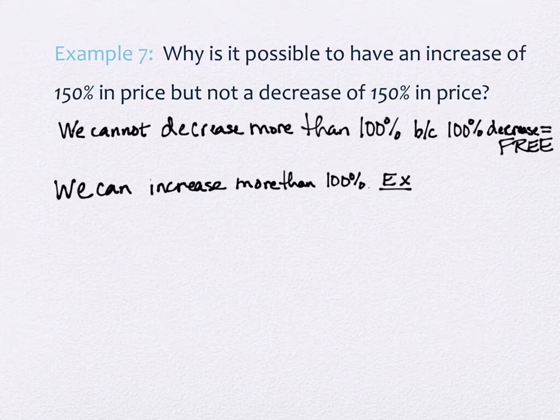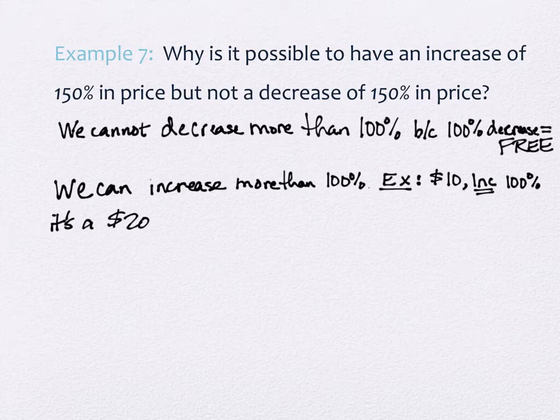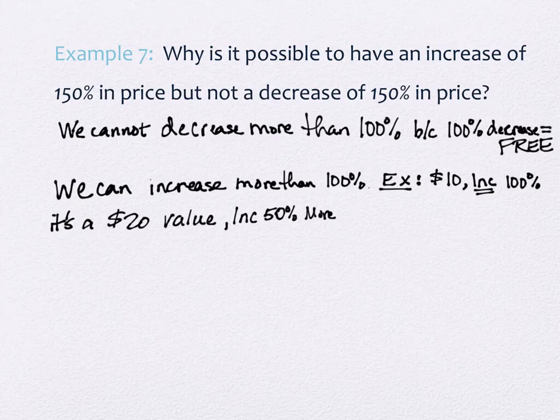And let's just do an example. Let's say we had a $10 item. And if it increases 100%, yeah, somebody said it. It's a $20 value now, right? Well, we can just make it increase 50% more from the original value.